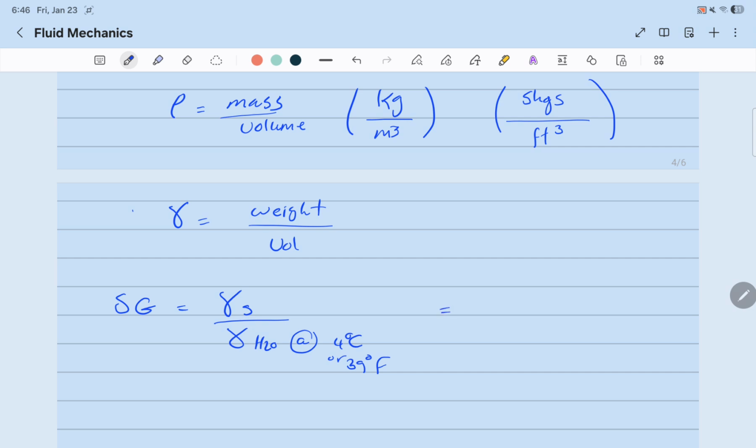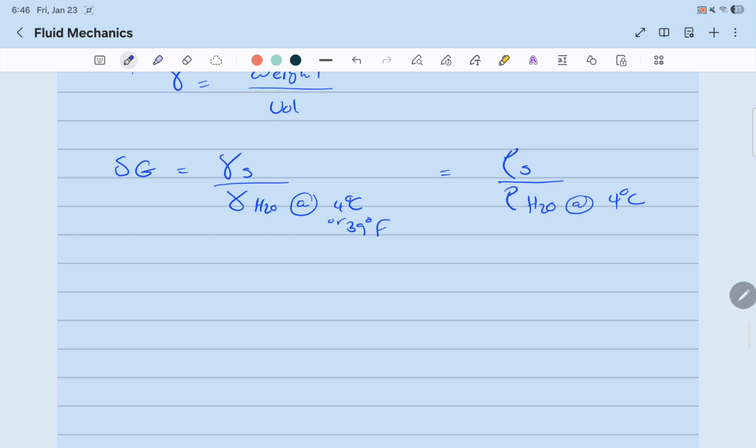It's also equal to the density of a certain substance over the density of water at 4 Celsius. So specific gravity is basically a ratio that relates a density of a substance with the density of water, and the specific weight of a substance with the specific weight of water.